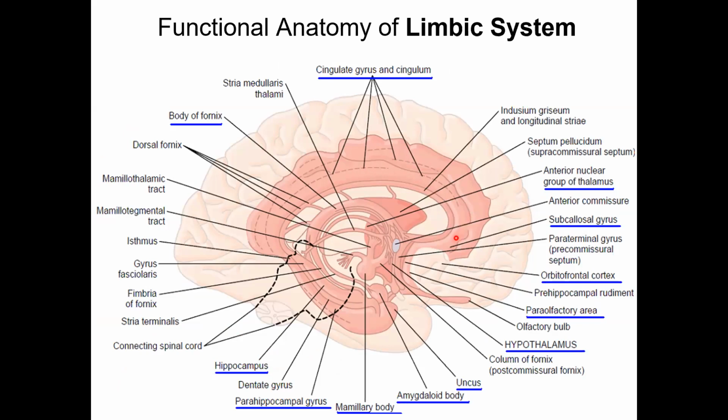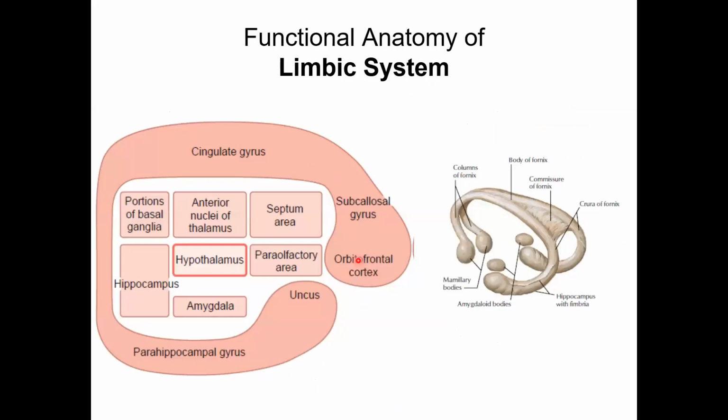And then you have the subcallosal gyrus. Orbitofrontal cortex is right here. So it starts from here, loops back, and then comes back in. Just follow the cursor. It comes here, goes back, then swings back in. Here we go: orbitofrontal cortex, subcallosal gyrus, cingulate gyrus.